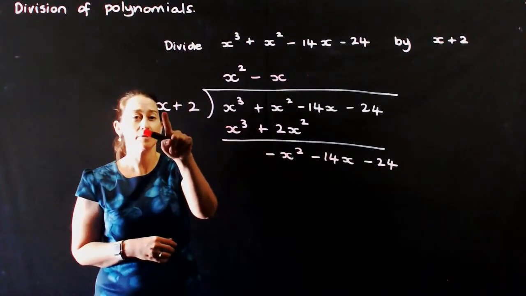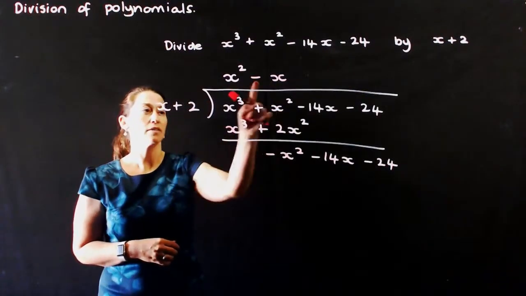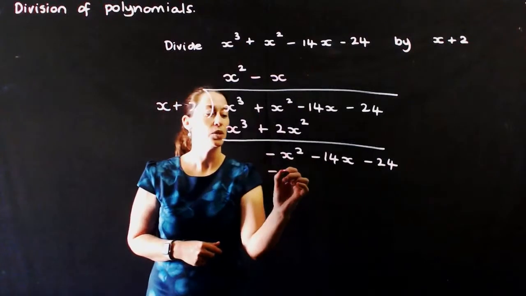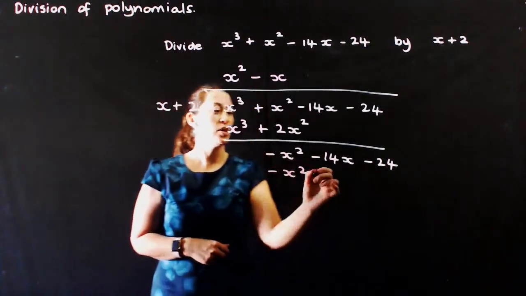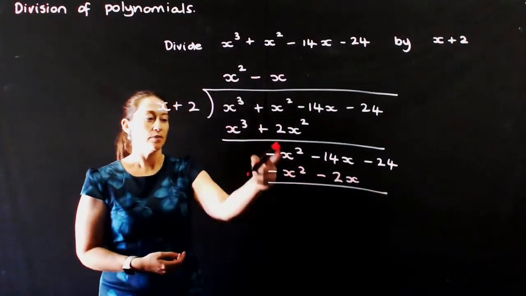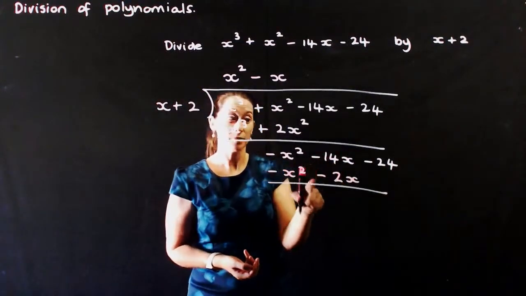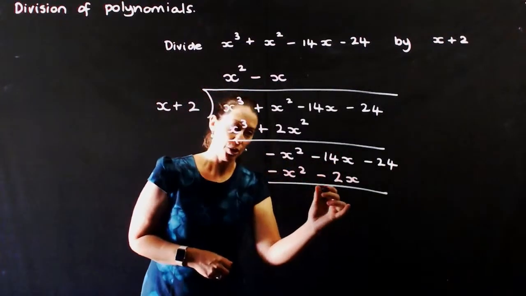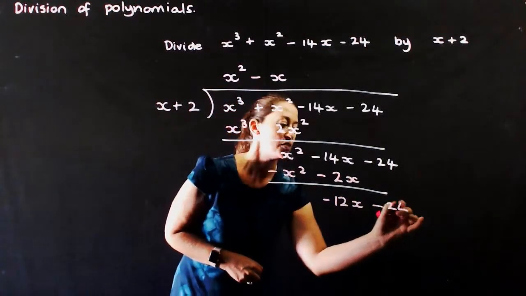Let's multiply our x plus 2 by our minus x. x multiplied by minus x gives us minus x squared, and 2 multiplied by the minus x gives me minus 2x. And we do the subtraction again. This disappears. Minus 14x minus minus 2x, that's plus, is minus 12x, and then I'm left with minus 24.